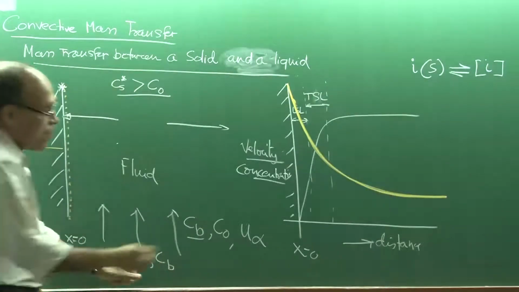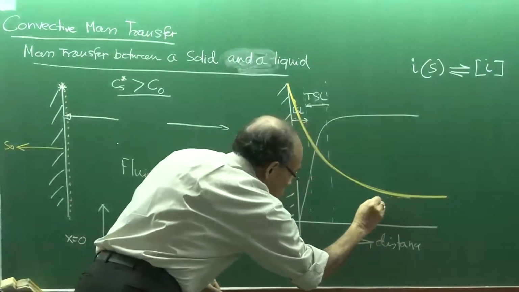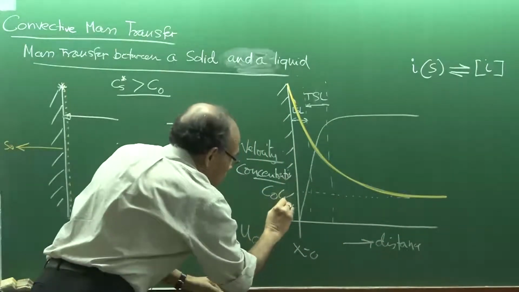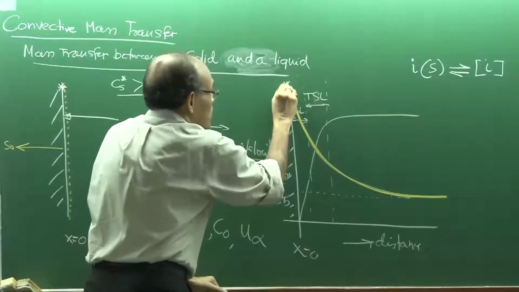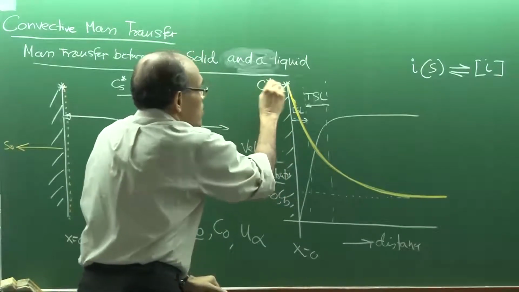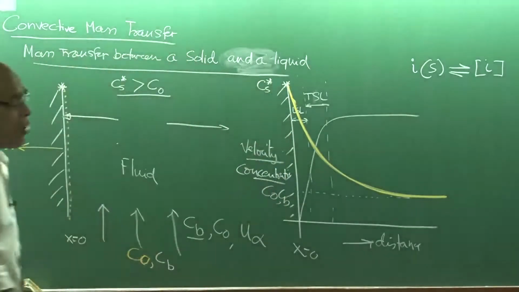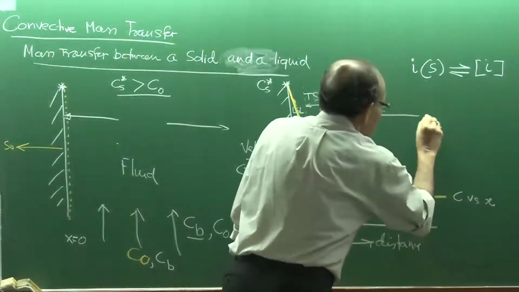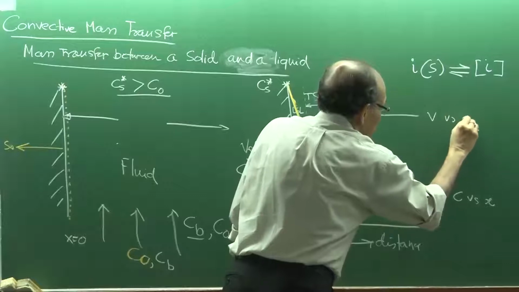That's what is my C0, or Cb, and this is what is my Cs star, the surface concentration. So I would say C versus x profile and u versus x profile.